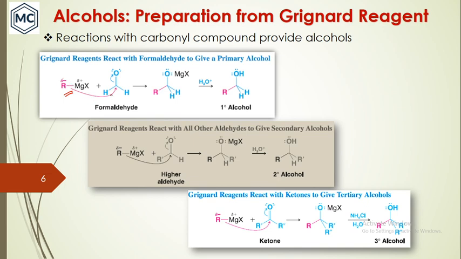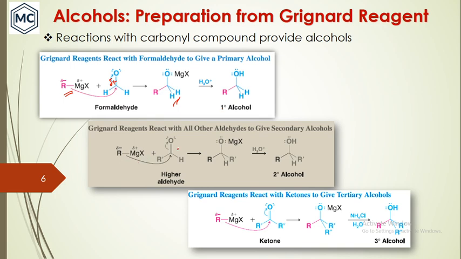This nucleophile can attack the positively charged carbonyl carbon. This double bond breaks and you get an adduct like this, and on hydrolysis you get a primary alcohol. Grignard reagent with formaldehyde gives a primary alcohol.